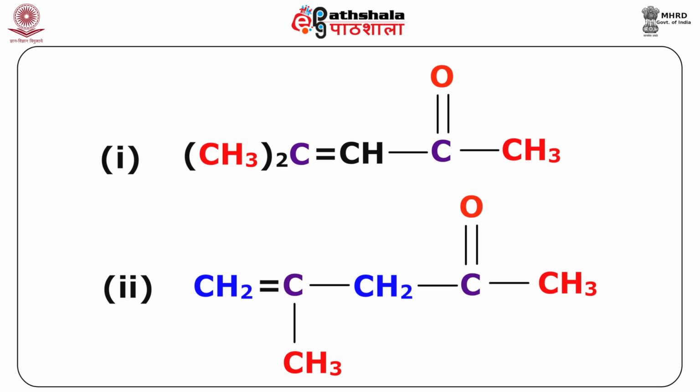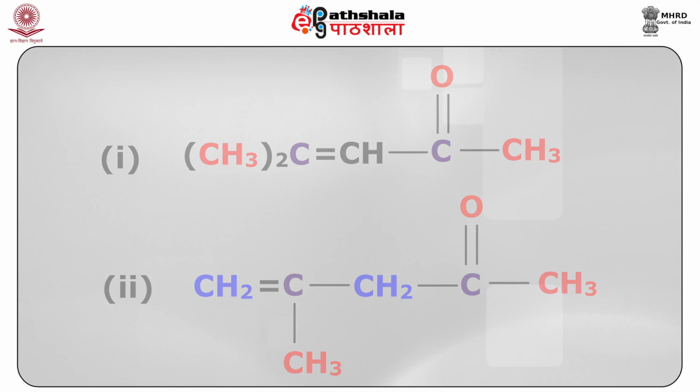As you can see in the structure, it is conjugated; the carbonyl is conjugated with the double bond present. However, in compound 2, the double bond is separated by a methylene group, thus the conjugation is broken, and the same band appears at a shorter wavelength.